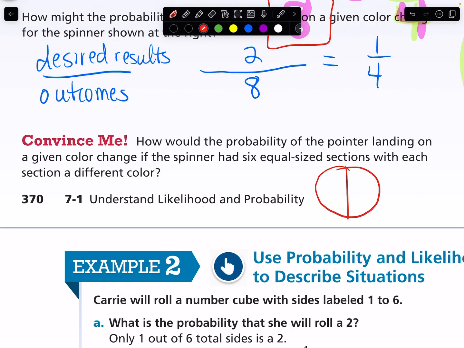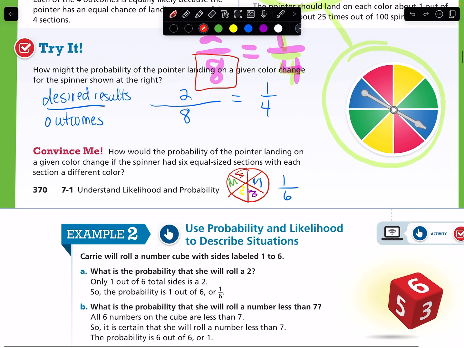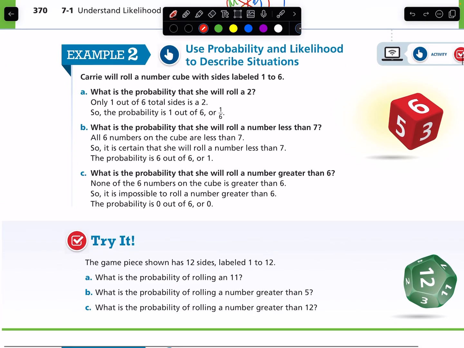So if there were 6 sections and each one was a different color, then ours would change. We'd say there are 6 total outcomes and each color has a likelihood of 1 out of those 6. Now this is what I was trying to explain: if I changed it, one of them has 2 out of 6, but the rest of them have a different number. But I'm sure we're going to get that.